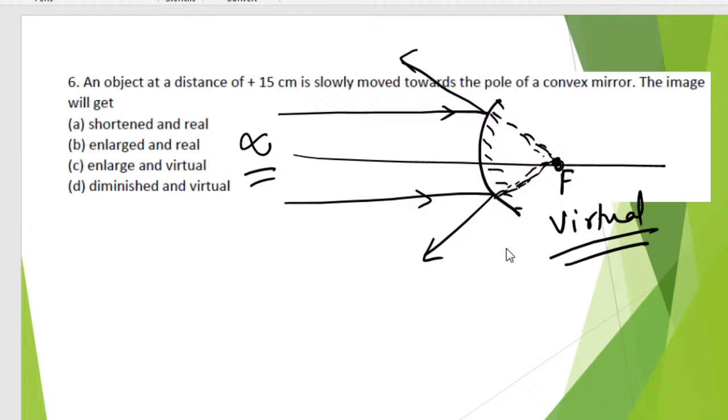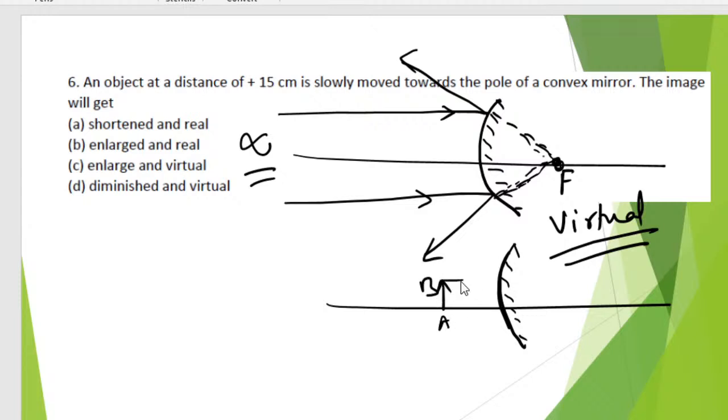And when the object is somewhere in between infinity and the pole, say the object is here, AB. If you take one parallel ray, it will go away, and this point you can say is a focus. Or take another ray aiming towards C, the center of curvature.